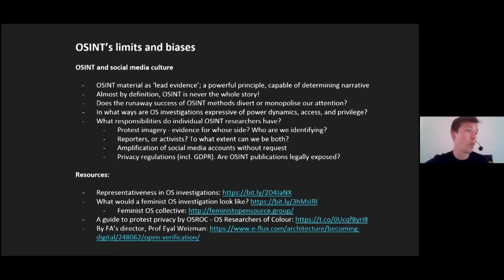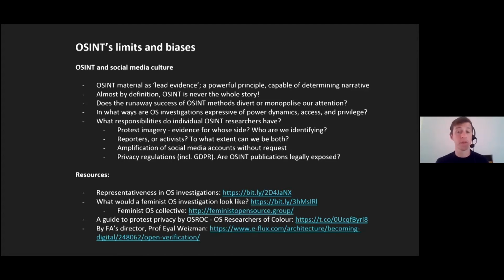Does it draw away from other research methods? And I'd be really interested to hear from some of the fellows about how some of the techniques that I'm proposing interact with your own experience of research and your own preferred tools and techniques. In what way are open source investigations expressive of power dynamics and access and privilege?